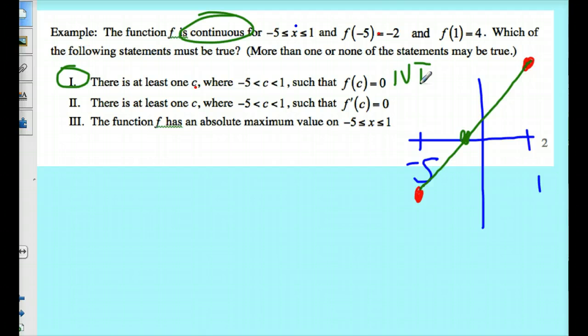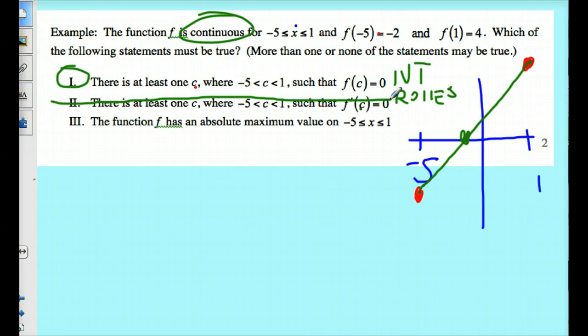Then it says that the f prime of C has to equal 0. Well, what theorem uses this? Rolle's uses this, and according to Rolle's, my two values have to be exactly the same. Well, is the value at negative 5 exactly the same as the value at 1? No, so I know this cannot be true.